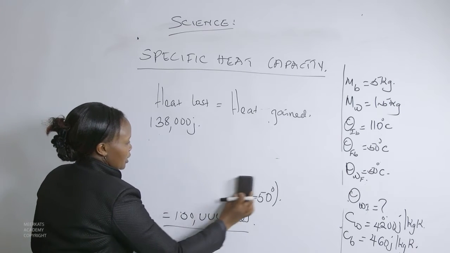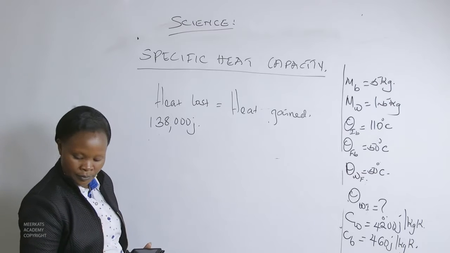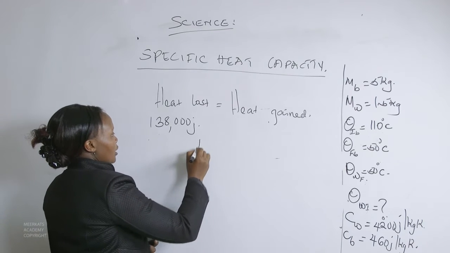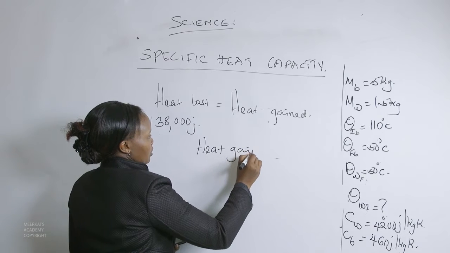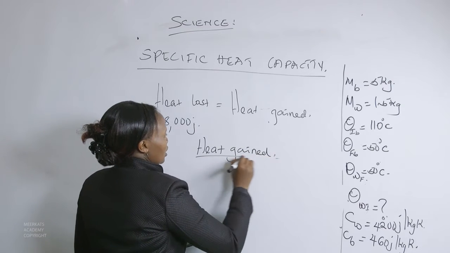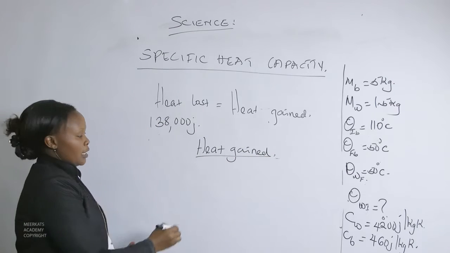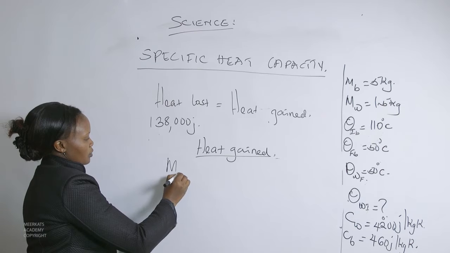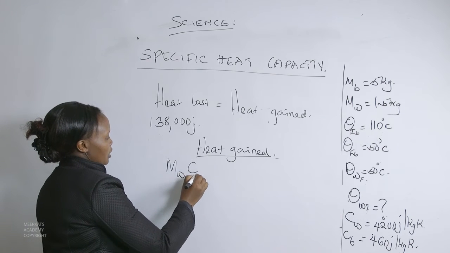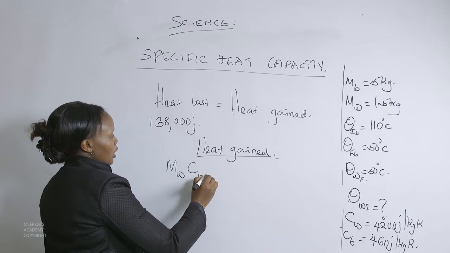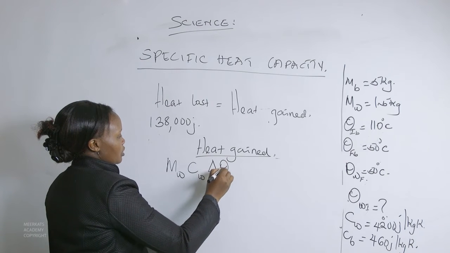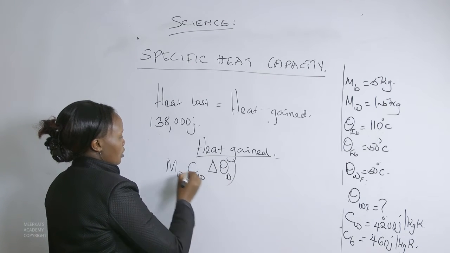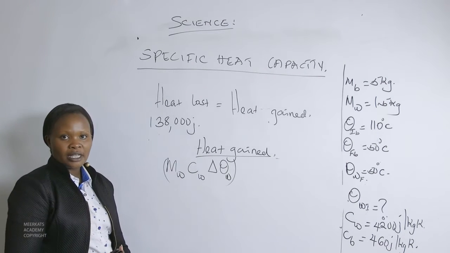The heat gained by water is given by the mass of water, the specific heat capacity of water, and the change in temperature of water multiplied together.